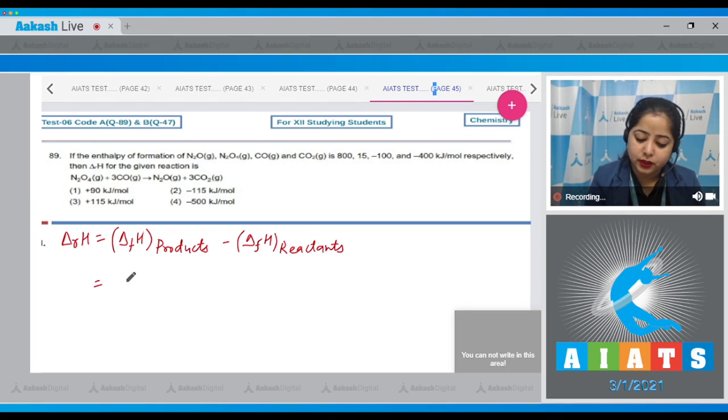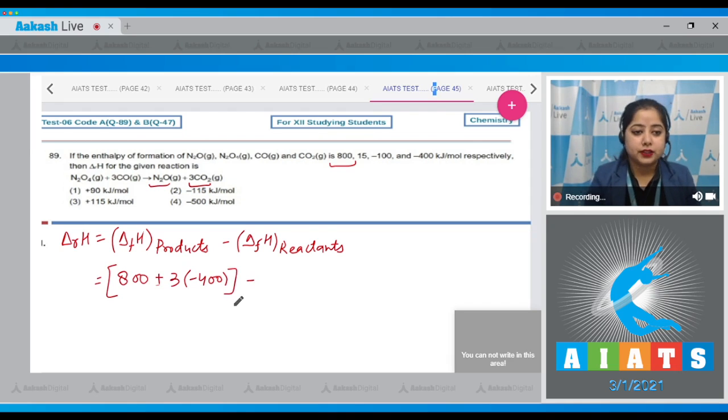So let's calculate enthalpy of formation of products. Products includes N2O and CO2. So the enthalpy of formation of N2O is 800, plus 3 into minus 400, minus enthalpy of formation of reactant. Reactants include N2O4 and 3CO. So the enthalpy of formation of N2O4 is 15. So 15 plus enthalpy of formation of CO into 3, which is minus 100.